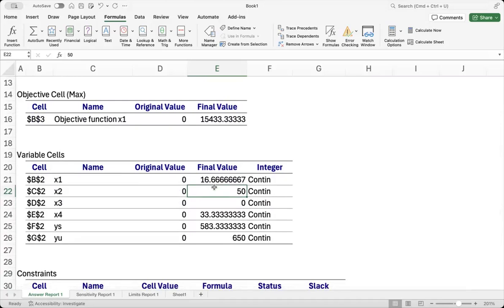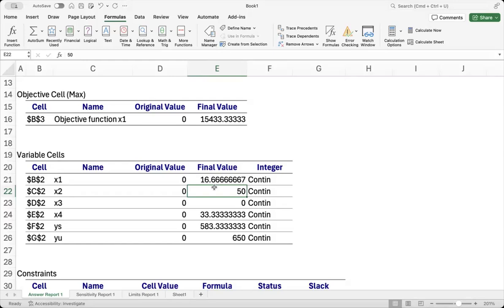Now move to variable cells. Variable cells are our decision variables. We put the decision variables in these cells, B2 to G2. The original value, previously I set those to 0, and the solution I obtained is listed here.